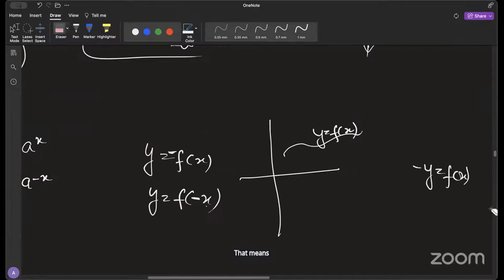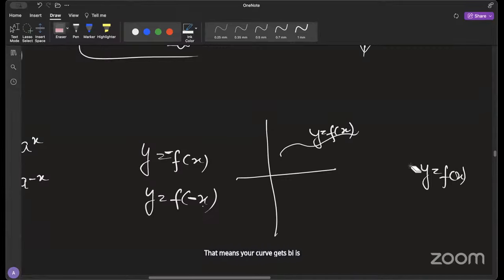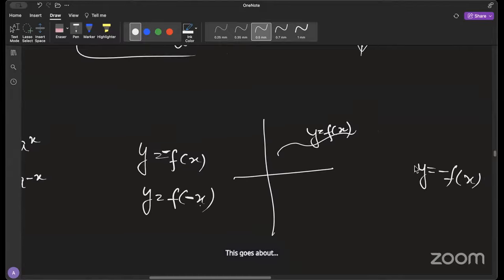So if you have to plot y equals minus f(x), it's the reflection of this curve about the x-axis, because your y has become negative. This is the x-axis. Take the reflection about the x-axis. So it's like this.